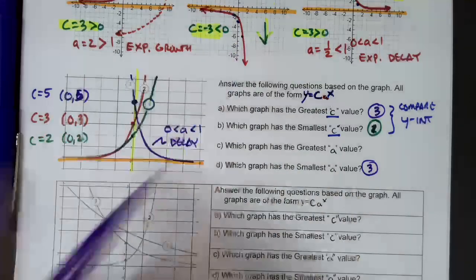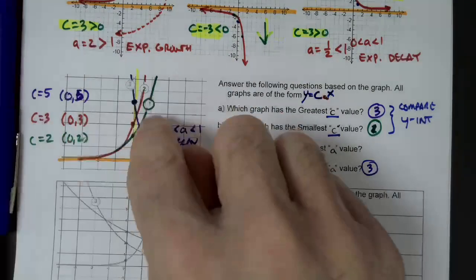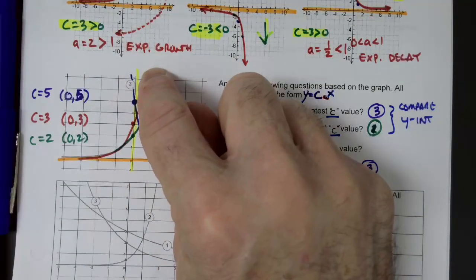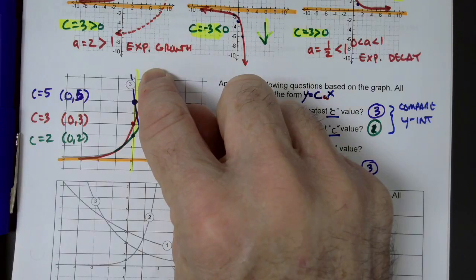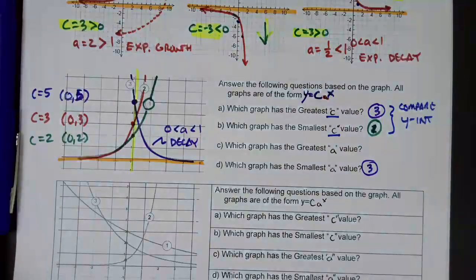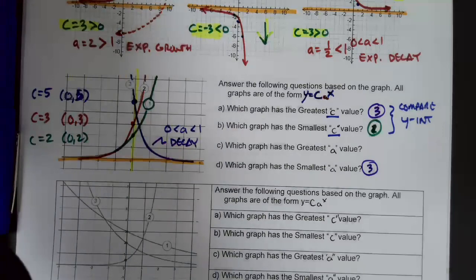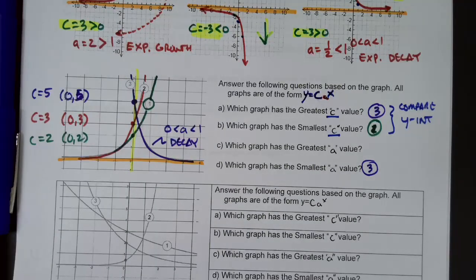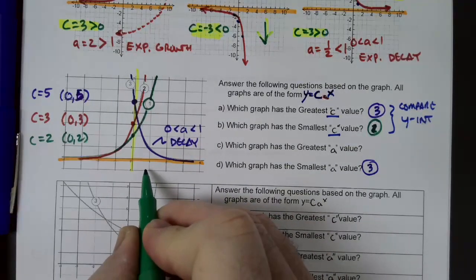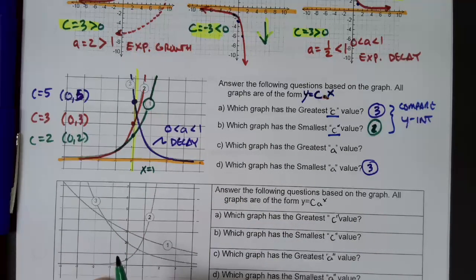These two are both exponential growth. So, what do we need to do? Well, to look at our exponential growth, look at when x equals 1 and see how much we grew.